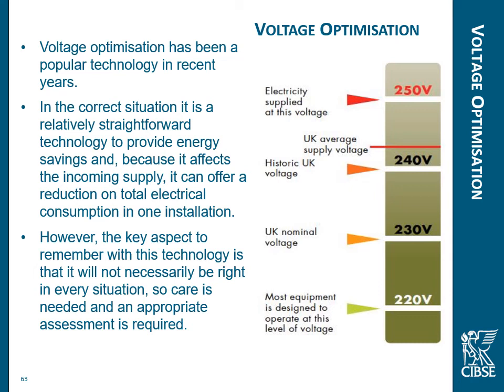But if we look right at the bottom here, 220, that tends to be the voltage in places like Spain and Portugal. So if we go abroad and use our computer, our phone charger, or other small appliances on holiday, they work just as well on 220. So why do we put 240 volts into them?